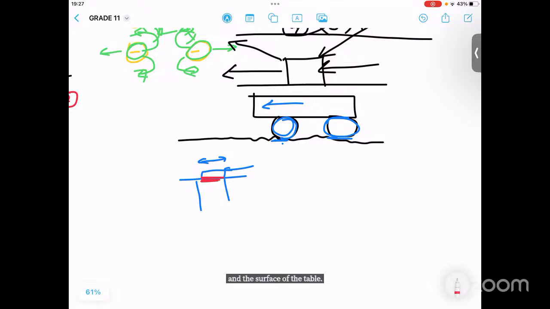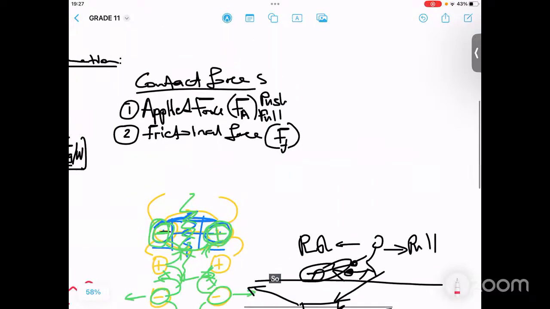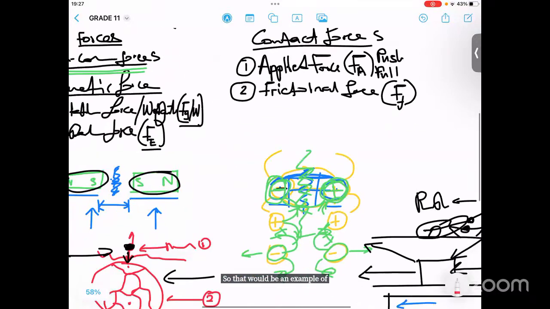And it is definitely going to make a sound if you push and pull by a force. So that is the friction that we are talking about. That means friction will exist if there are two objects in contact, and the other one obviously being a rough surface. So that would be an example of a frictional force.